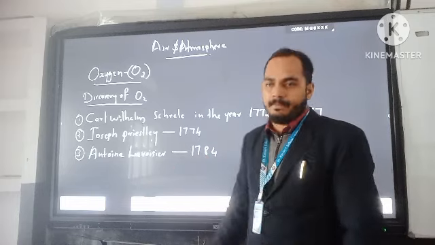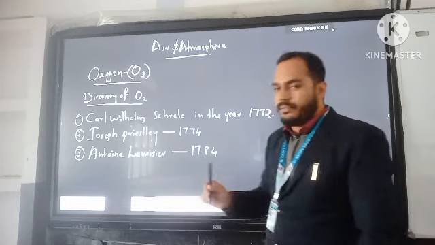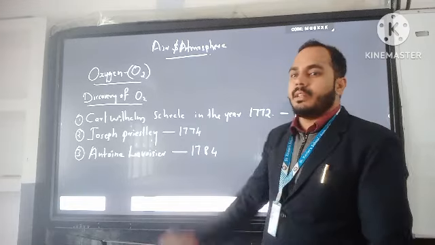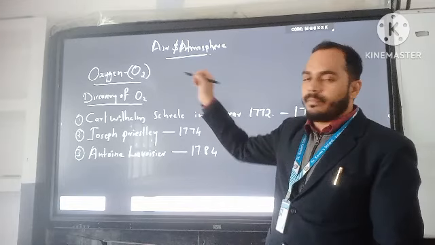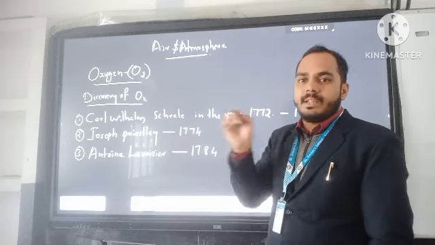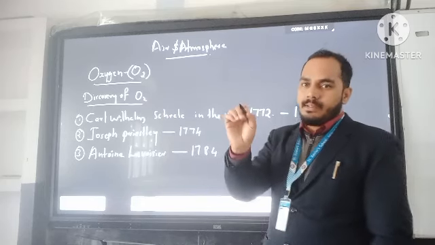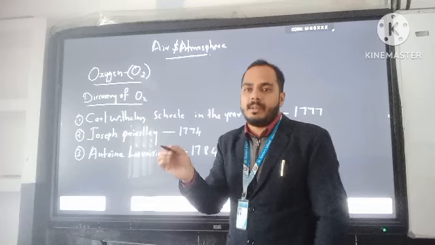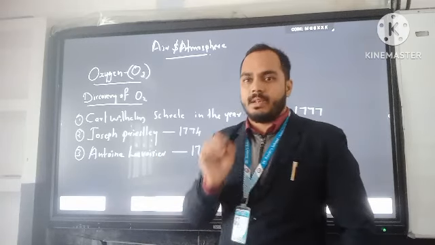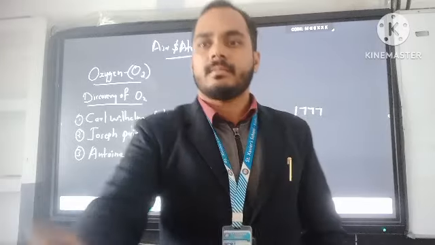Finally, in 1784, Antoine Lavoisier gave the name of the element, which is life supporting and needed for combustion. The name is oxygen and the symbol is O. This much about the discovery of oxygen.